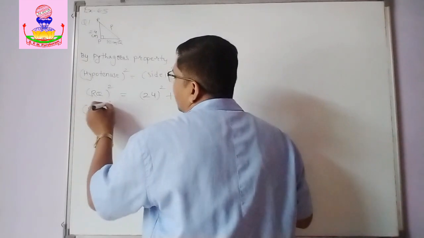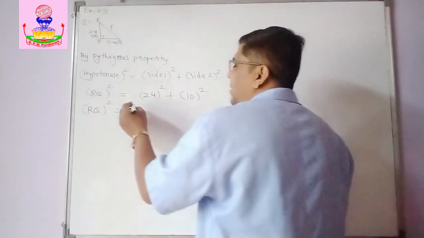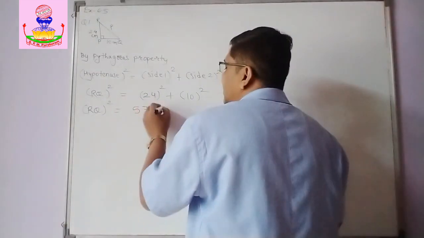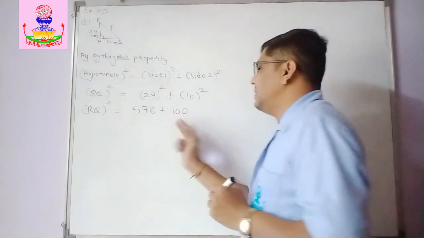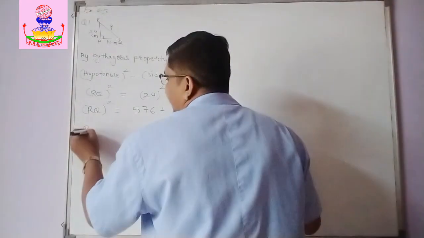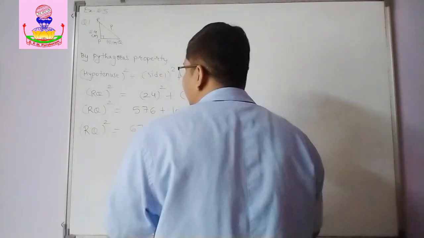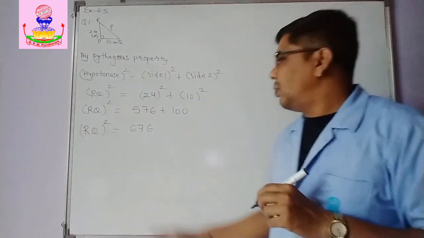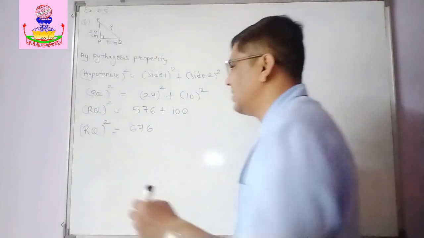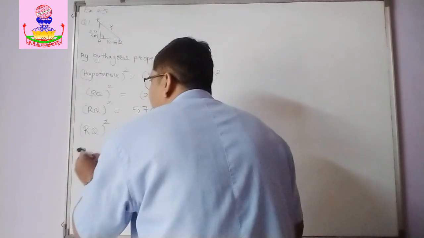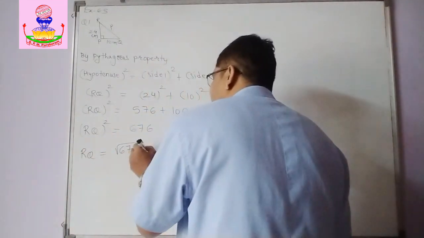So RQ square is equal to 24 square, 576, plus 10 square, that is 100. Now 576 plus 100 is 676. Now I want to find RQ, so the opposite of square is square root. Taking square roots from both sides, RQ is equal to square root of 676.